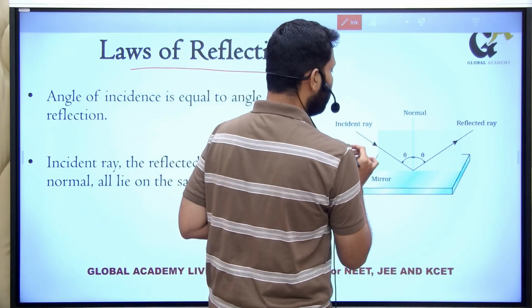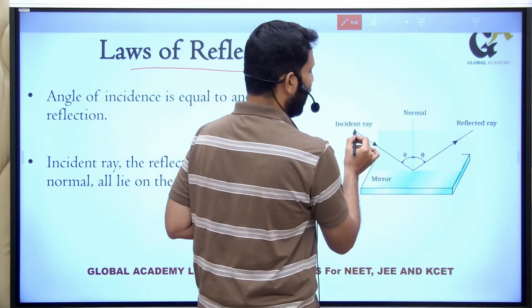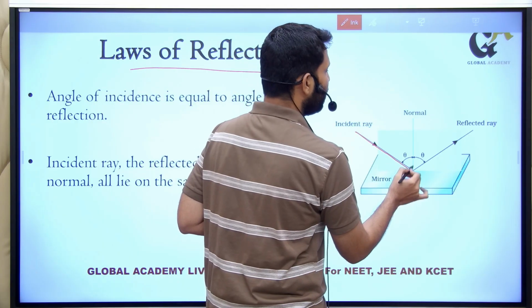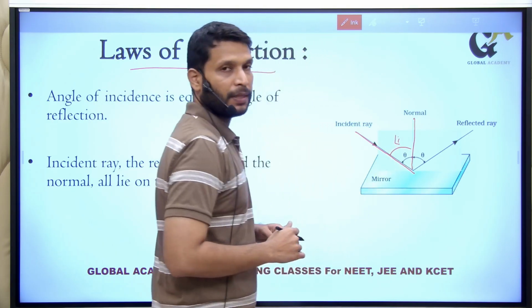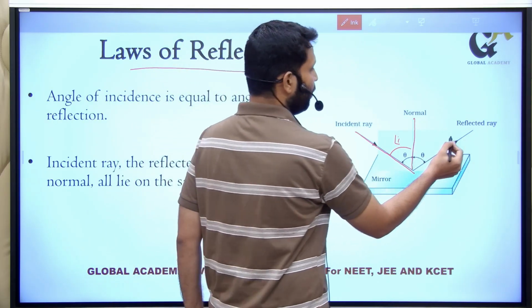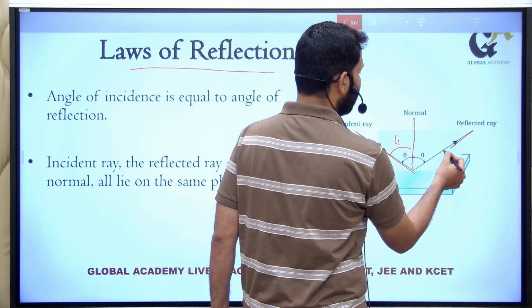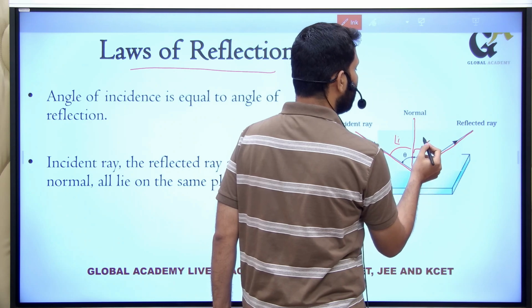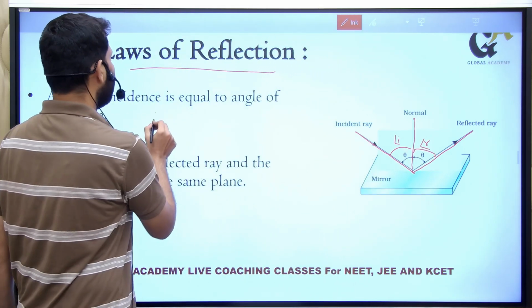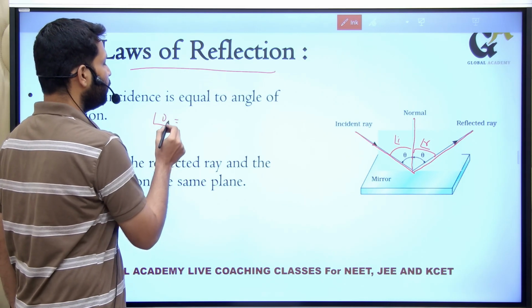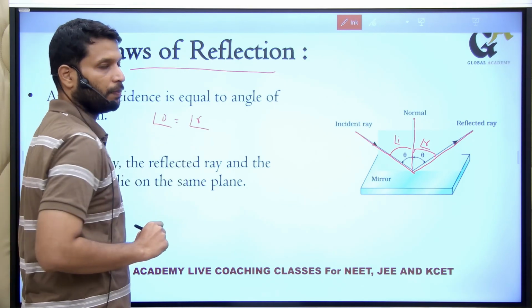So here angle of incidence is nothing but the angle made by the incident ray with a normal. Similarly, the angle made by the reflected ray with a normal is called angle of reflection. According to first law, the angle of incidence is equal to angle of reflection.